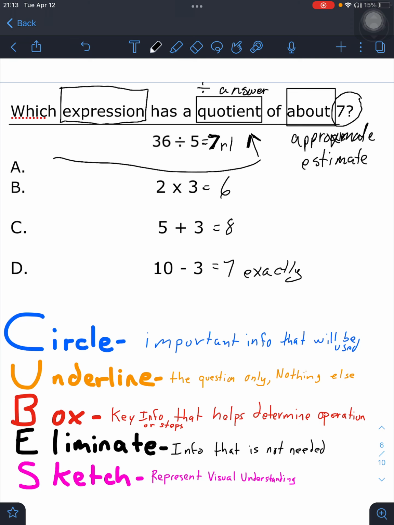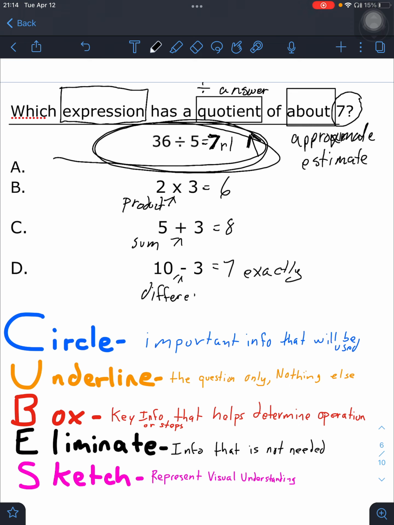And that is how we're able to determine that this is the correct answer and all the other ones are wrong, because in here, this is the product, this is our sum, and this is our difference. And this is how I'm justifying that those answers are incorrect and this answer is the correct one.